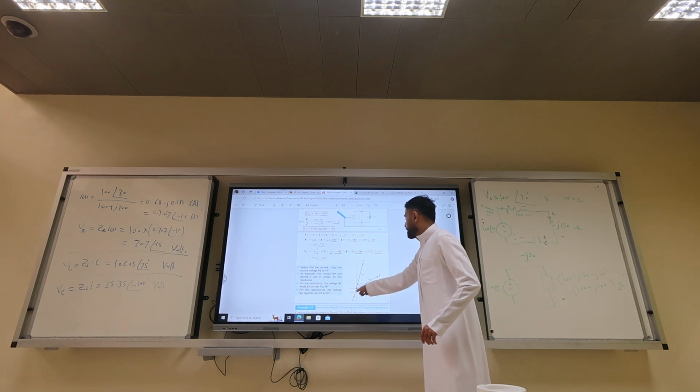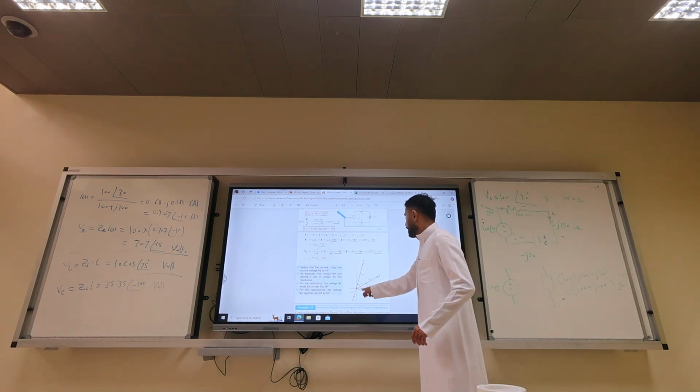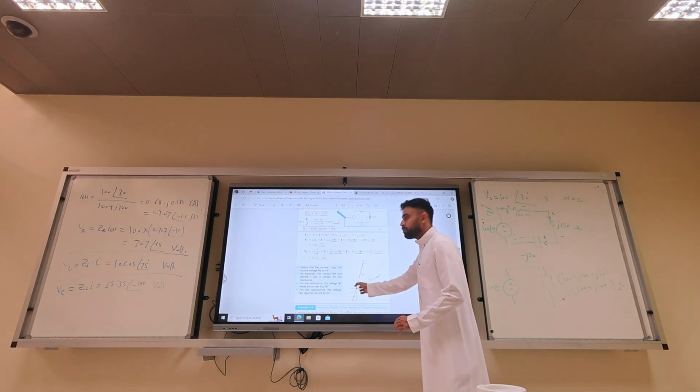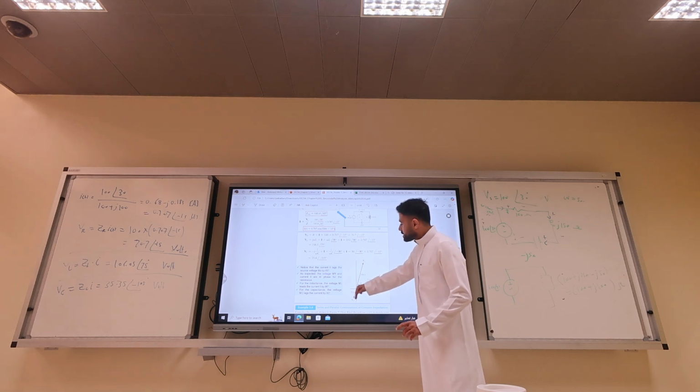So VC is leading I, VL is leading I. When you say leading or lagging, you have to look at the acute angle between I and VL, which is 75 plus 15. VL is ahead.